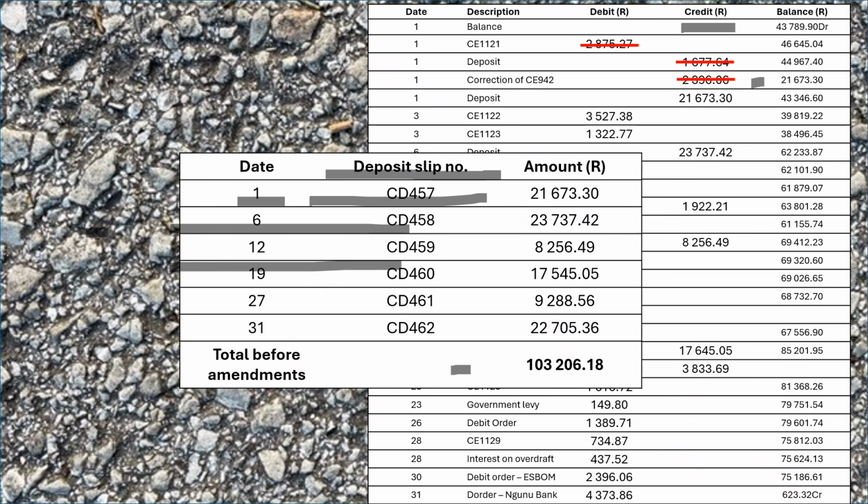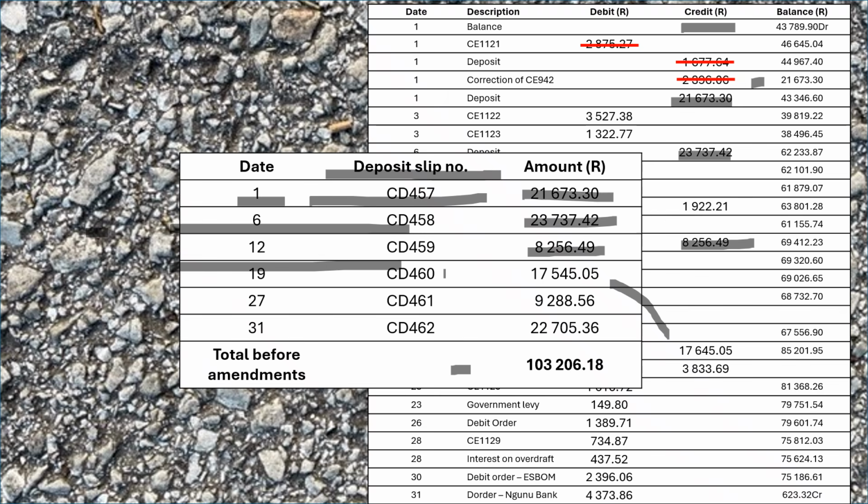So we are looking now at our cash receipts journal and the credit column. And if we look, 21673, 23737, 8256, 1745. Oh, there's a number that's quite close. 17645.